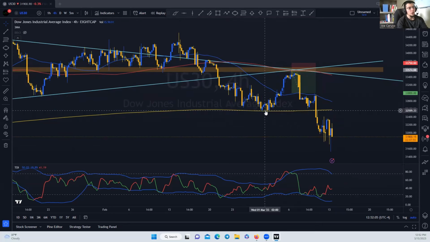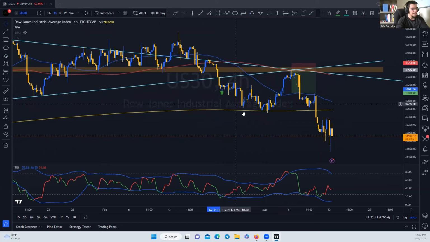A great example on this 4-hour chart is US30. We also called buys on our live session about 2 weeks ago off this 800 moving average on the 4-hour. Just to give you a quick summary, the reason being is we had a shark fin happen right here, and price got lower and TDI got higher. So this was shark fin divergence on the 4-hour at the 800 moving average.